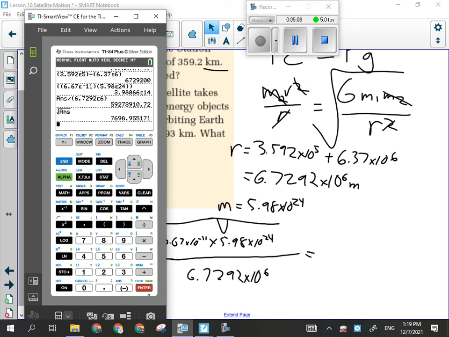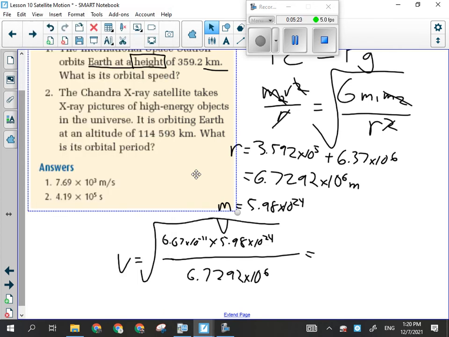Okay, 7,699 meters per second. Remember the other day when I was telling you it's about 8 kilometers per second to orbit the Earth? There it is, about 8 kilometers per second.